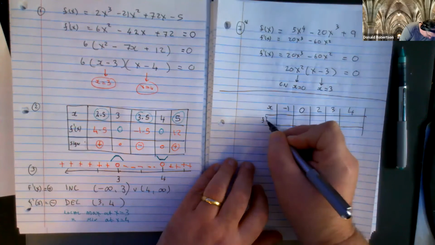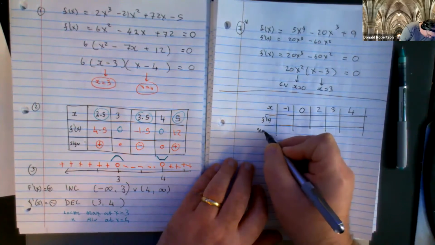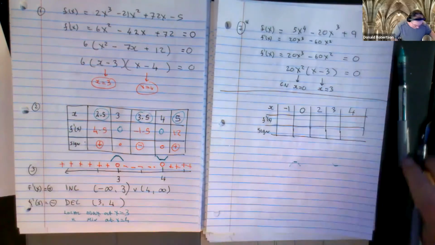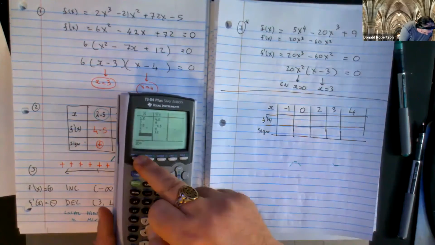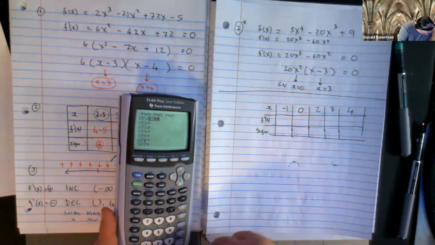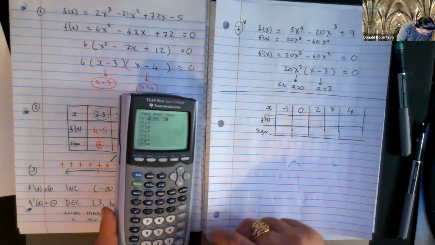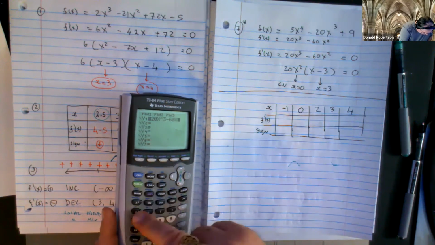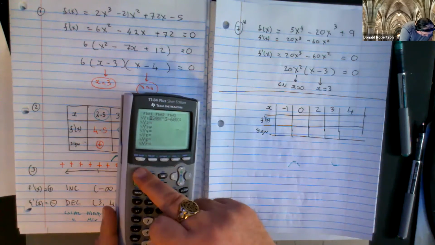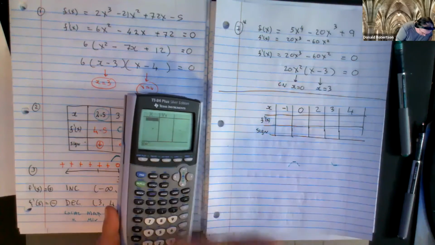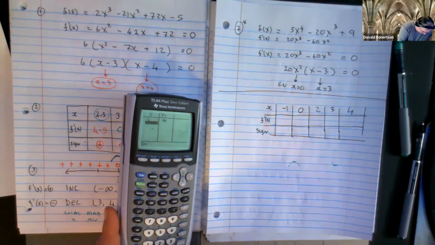And then I'm putting in the derivative, and then I'm putting in the sign. So calculator takes over. The one I'm going to do is the untouched one. So it's 20x cubed, subtract 60x squared. I'll go straight to the table, clear out my old answers, and put in -1, 0, 2, 3, and 4.